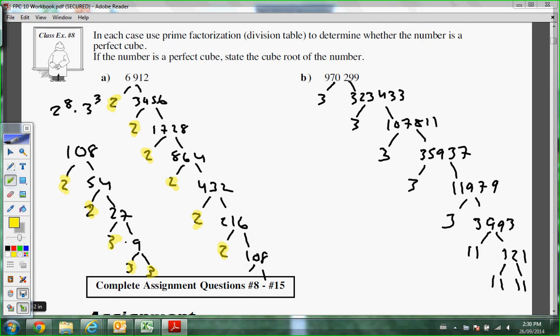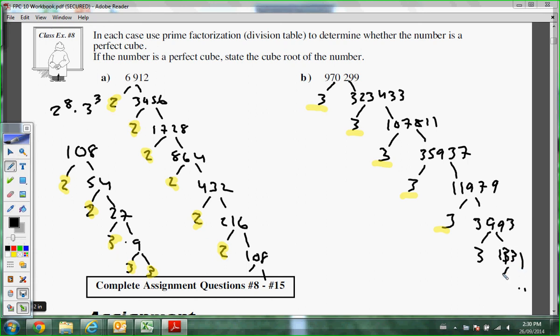Okay, so we have 1, 2, 3, 4, 5. I think I skipped one, didn't I? Yeah. Sorry. Skipped one spot. 3 times 1331. Sorry.